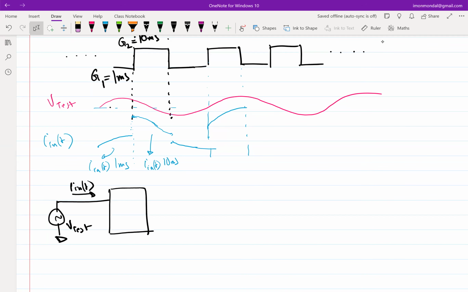So maybe we can do a comparison with the high frequency sawtooth.